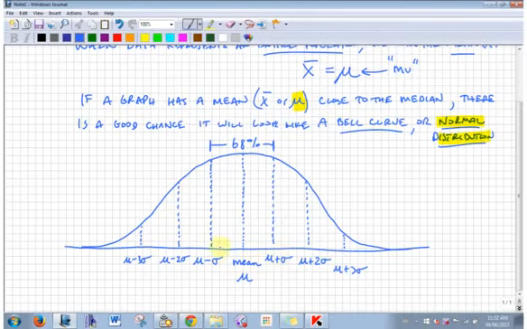Within plus or minus 1 standard deviation, that's 68, or over two-thirds of the data. Within here and here, that is 95% of all the data for a normal distribution.